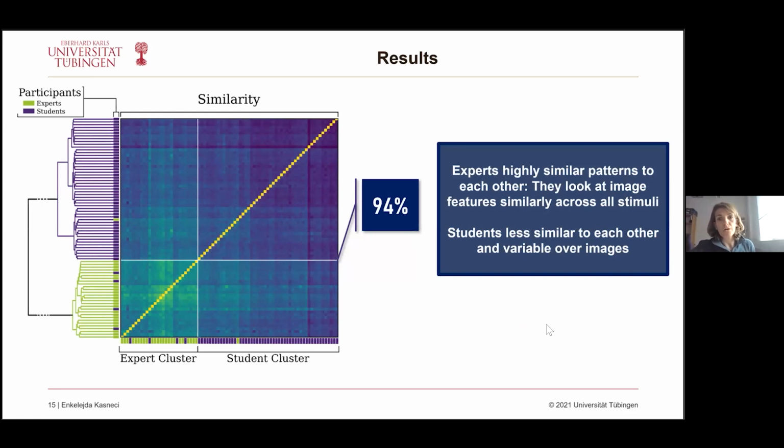And what we found out, which is very impressive, is that these findings confirm what we visually observed: experts have very high similarity between each other, with very similar patterns and strategies for how they explore those images. Students, on the other side, have higher variance with respect to their scan path properties.